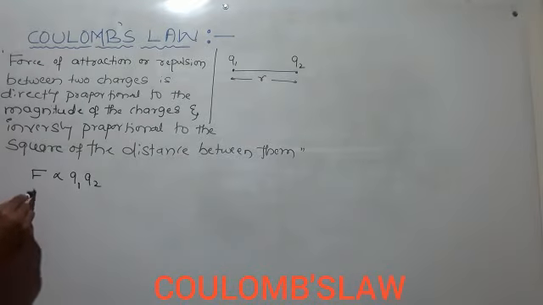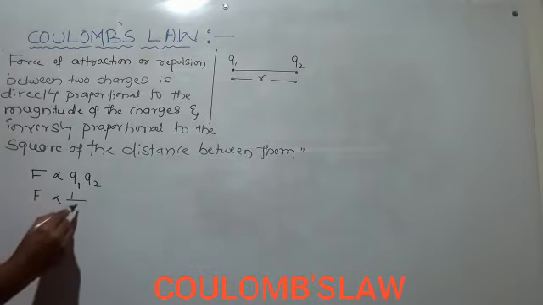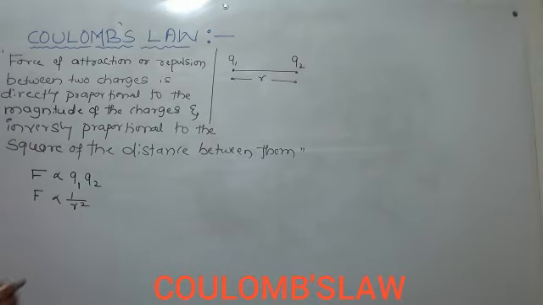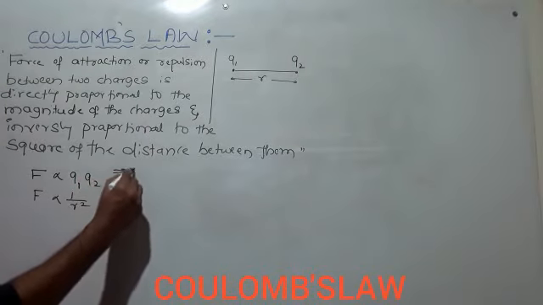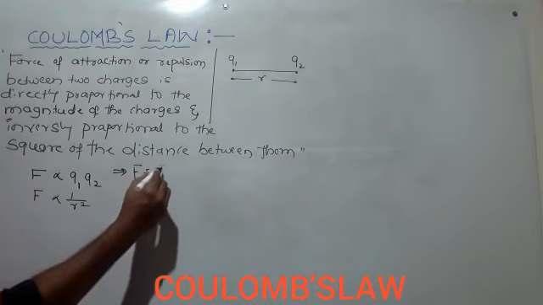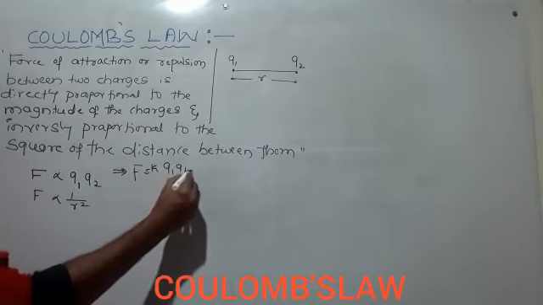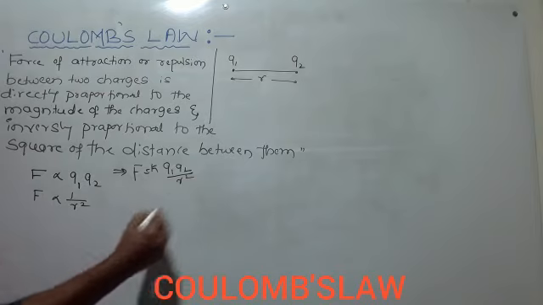Similarly, that force is inversely proportional to the square of the distance between them. So that implies force is equal to some constant k Q1 Q2 divided by r square.